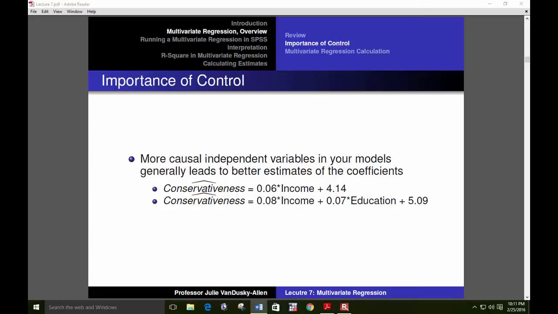Now, we could say that education also has an important impact on how conservative a voter is, but we did not include it in our bivariate regression. So to take this new information into account, we add education to our model and run a multivariate regression. As you can see, the b hat for income gets bigger. Because we did not include education in our first model, we underestimated the effect that income has on conservativeness.